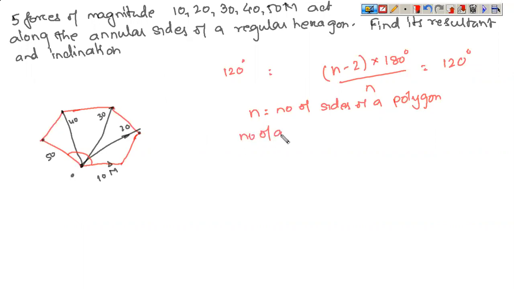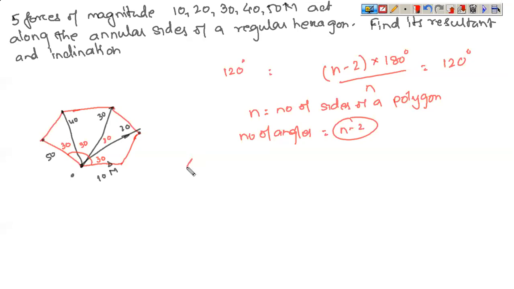The number of angles will be how much? n minus 2. Okay, it will be divided into four parts. So 120 was divided into four parts, so this becomes 30, this also becomes 30, this also becomes 30, and this also becomes 30.